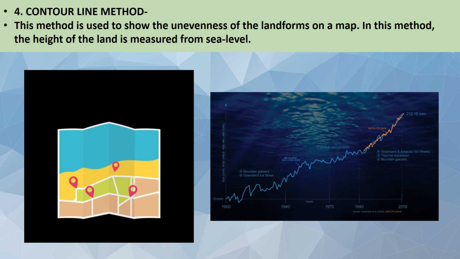The contour line method is an important way of showing the rise and fall of the land on a map. Contour lines are imaginary lines, curved, straight, or a mixture of both. First, the height of the land is measured from the sea level.